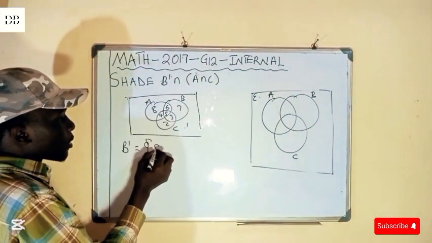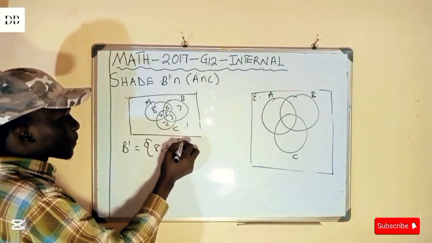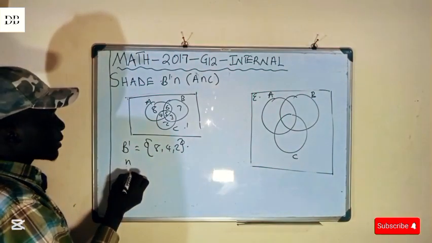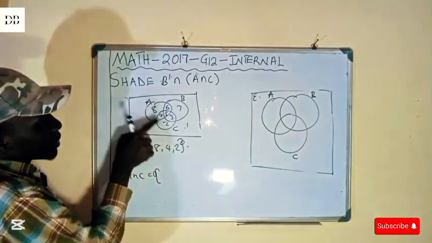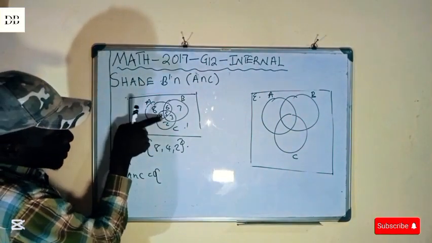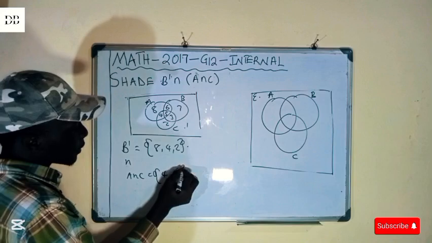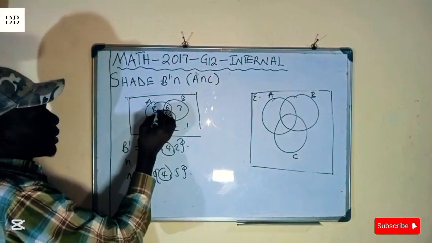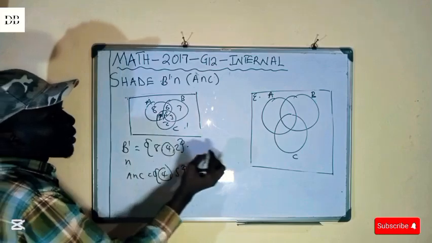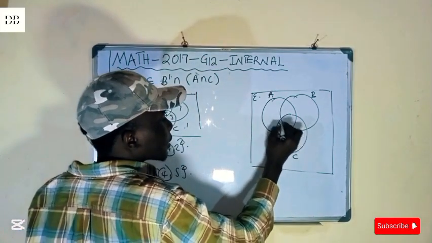Things not in B, we have 8, 4, and 2. And then intersect it with A intersection C. So A intersection C are things found in A and C, which is 4, 5. And we get the intersection, which is 4, and shade it. So our answer is this part.